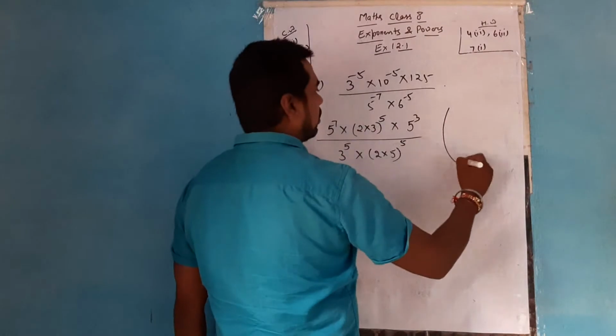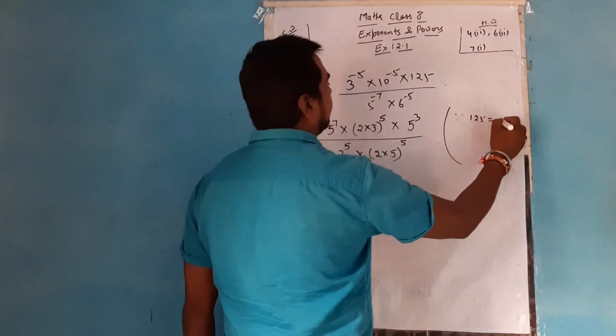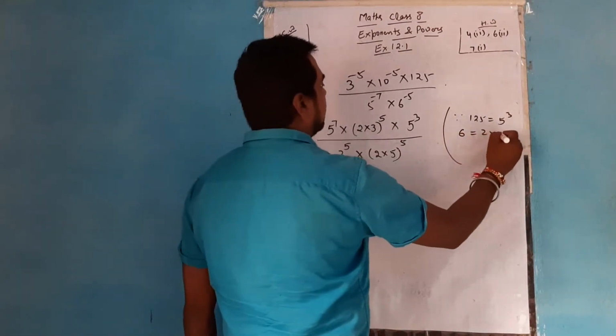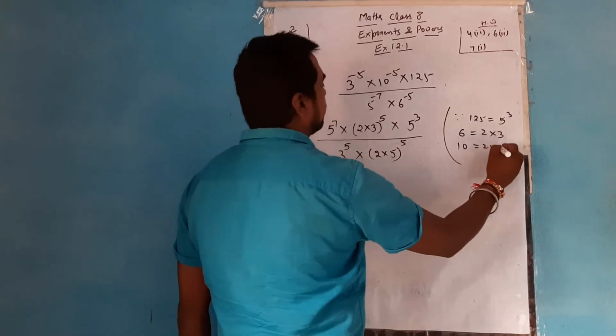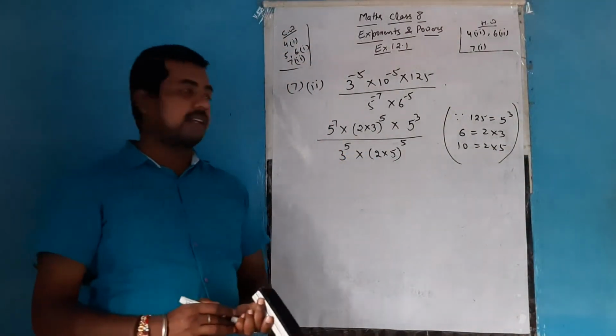If you need to check, 125 is 5 cube, 6 is 2 into 3, and 10 is 2 into 5. Whatever I have done, I have written separately.